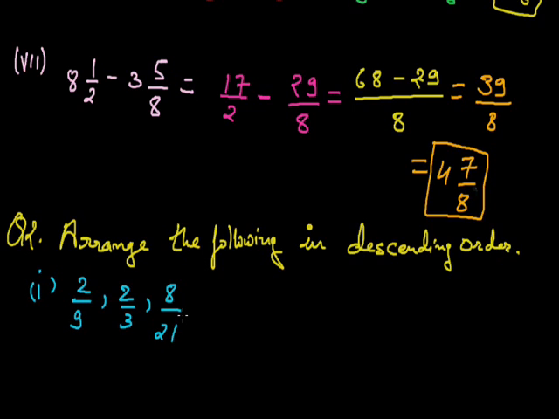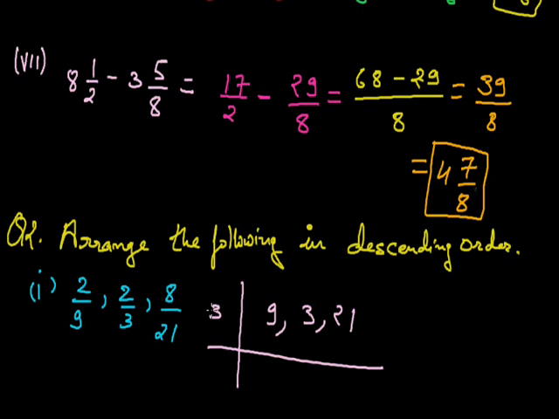Descending order means we have to write from the biggest fraction to the smallest fraction. But these numbers have different denominators, so to compare them, first we have to make them the same denominator. So we will first take out the LCM of 9, 3 and 21.